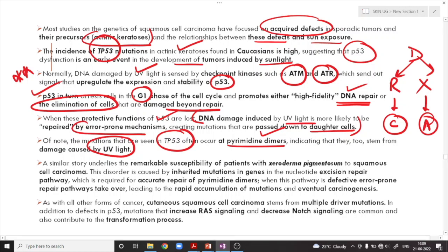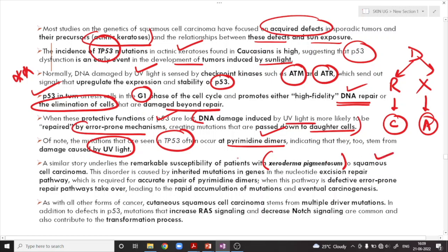So sunlight is inducing abnormalities in TP53, as well as causing mutations in the particular skin cells. Okay. Now one such particular condition is called xeroderma pigmentosum, wherein the patients have a very high susceptibility to squamous cell carcinoma.